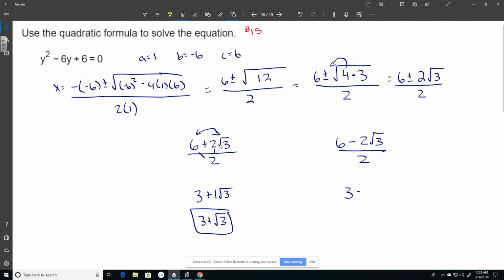Negative 2 divides by 2 to be negative 1, and I'm left with the square root 3. Whoops, there's no more fraction. And that just becomes 3 minus square root 3. So those are my two solutions, 3 plus the square root of 3, 3 minus the square root of 3. Do not get the decimal. It says that it wants an exact answer, and it wants you to use radicals. And that right there is a great answer.